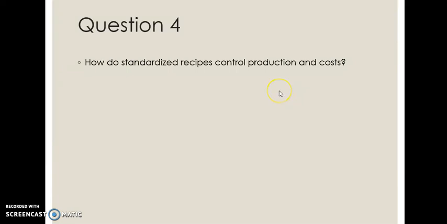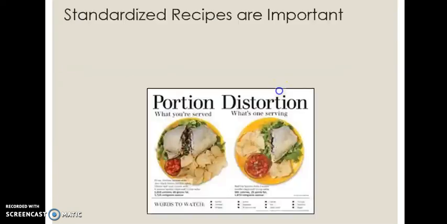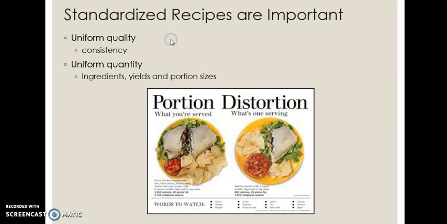So how do standardized recipes help us control costs in a restaurant? Well, 2 things. They typically help us with consistency, and also quality, because whether you have one employee or another employee making a recipe, if they are sticking to the standard recipes, they're going to come out the same.